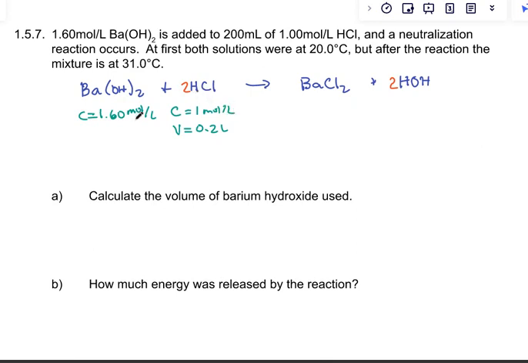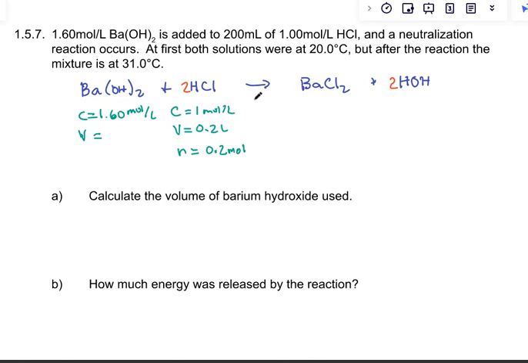And we want to know what's the volume of the barium hydroxide. Well, we can get number of moles for HCl. That's easy enough. And n equals CV. 1 times 0.2 is 0.2 moles of HCl.